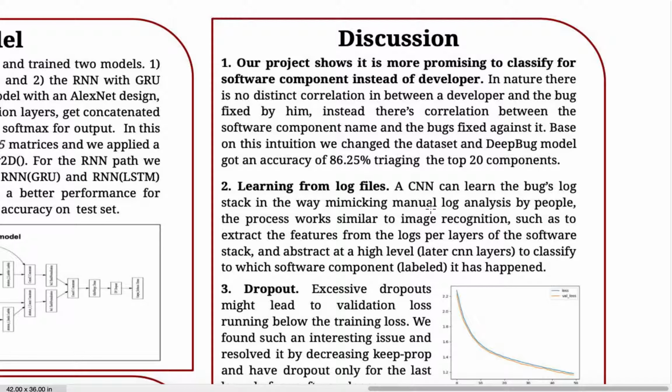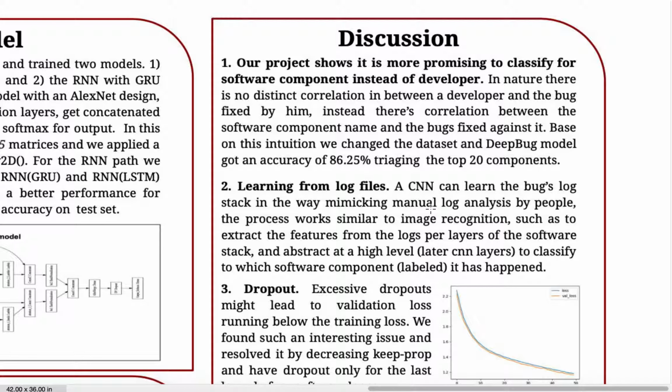Another topic is learning from log files. We have seen that a CNN model can learn well for bug reports, especially from the log files. This might be because our software, in our case, is based on the Android stack, and the log prints are for each layer and each component.